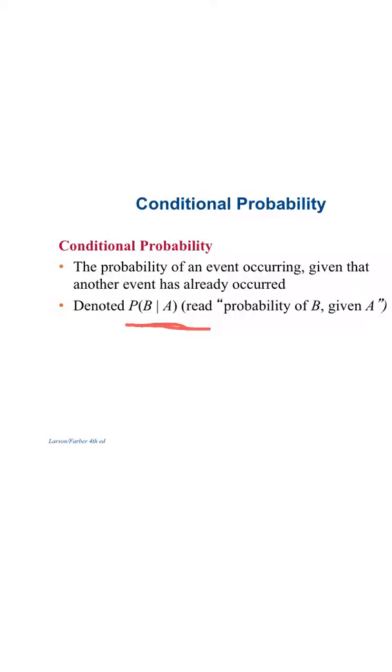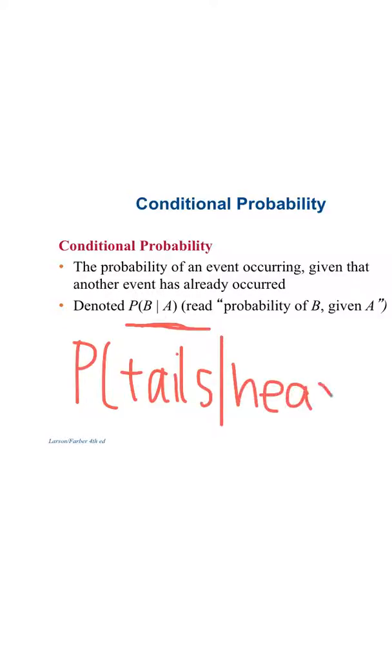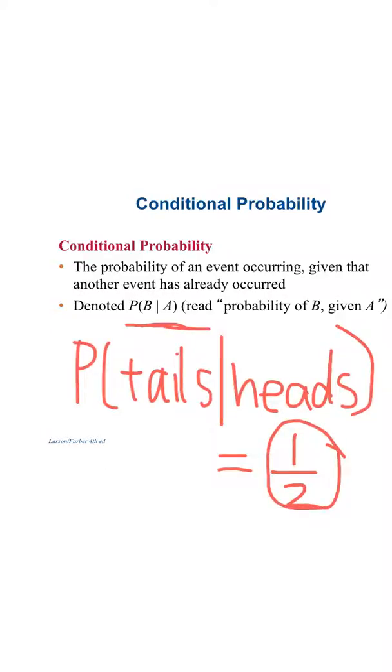The P stands for probability, B is event B, given is the vertical line, and A is event A. So in my example, we would have written the probability of tails given that we already had a heads. And the answer to that was 1/2, because each flip is independent of previous flips, the probability of tails is just 1 out of 2.